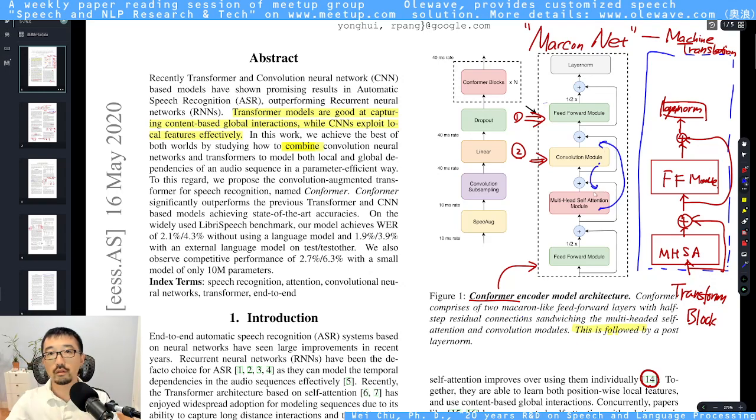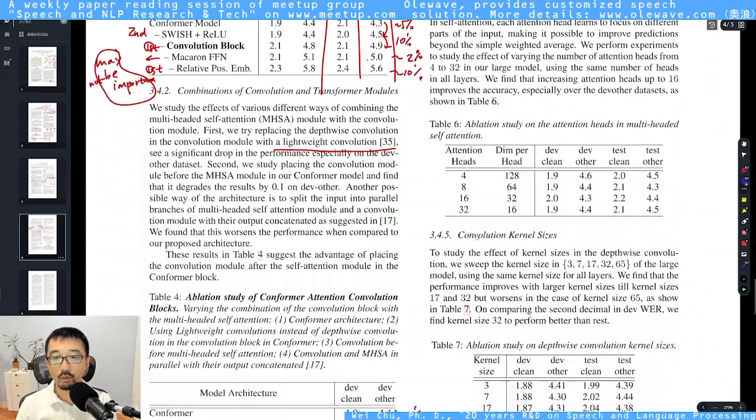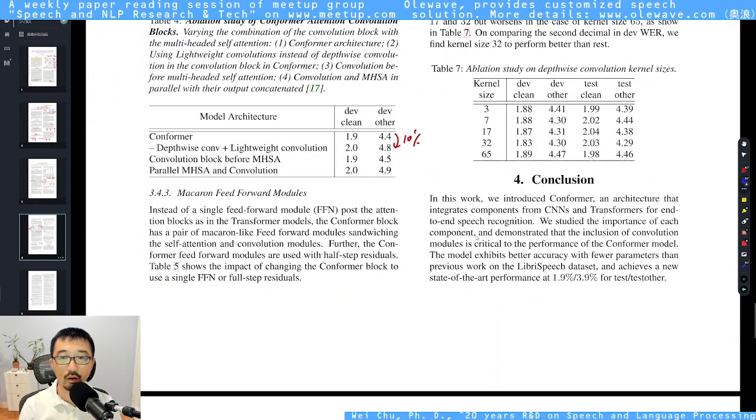Just change the order, okay? The result is it only gets worse, slightly. It's less than 2%. So 2% is almost nothing. It might be a disturbance in your training, okay?